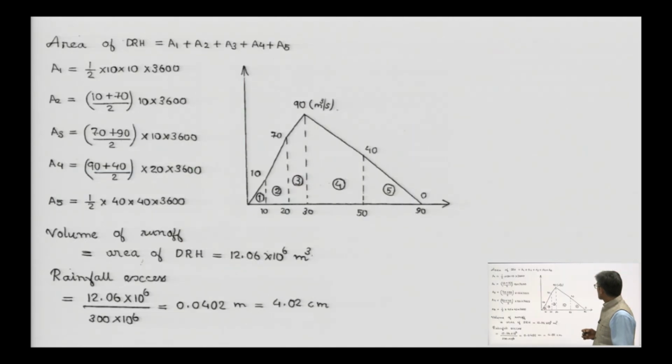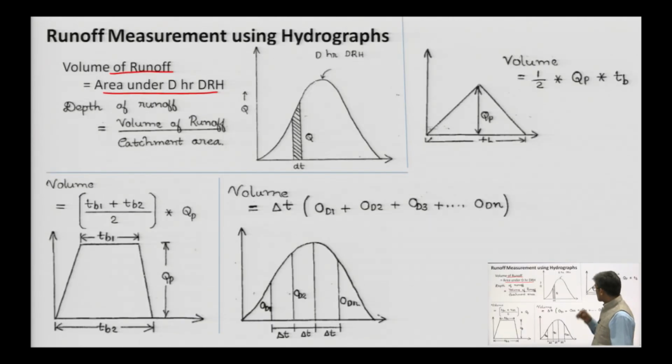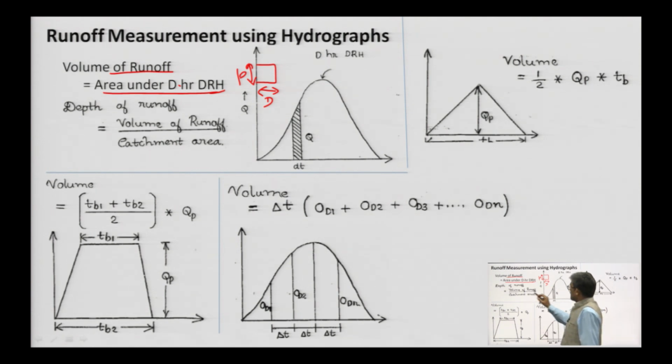So, area under D hour DRH. This type of thing, this is precipitation P. So, the area under DRH gives the volume, and the depth of runoff will be the volume of runoff divided by the catchment area.